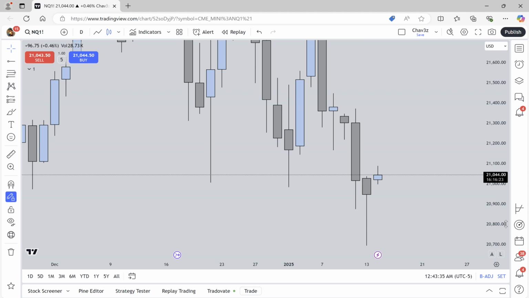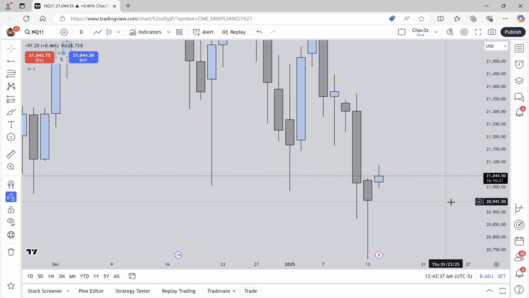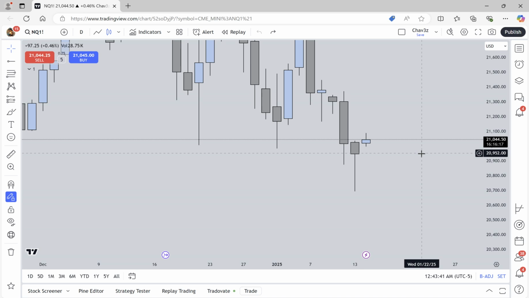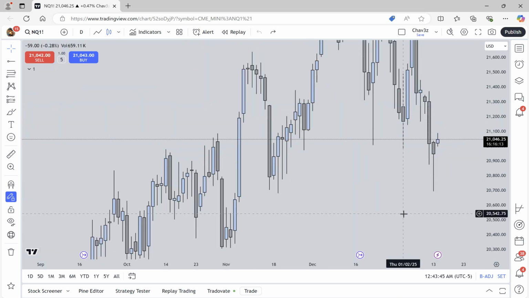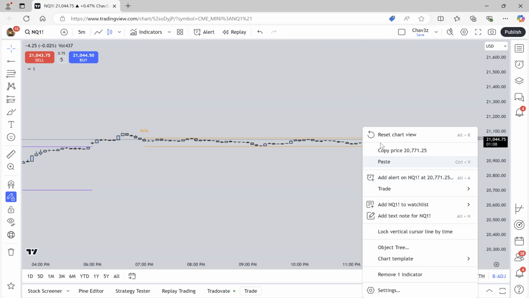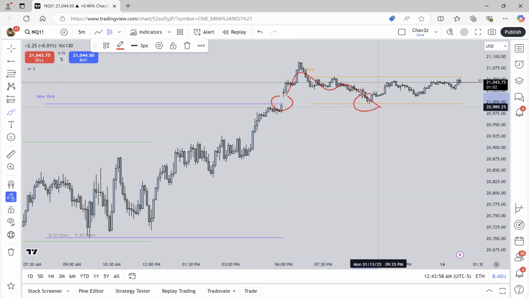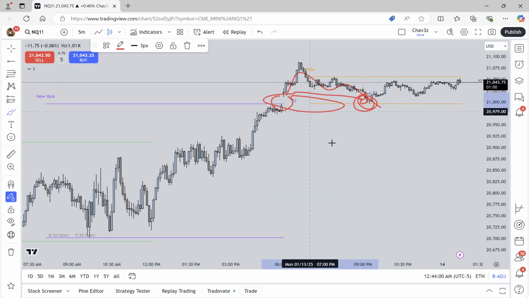Because remember when we opened on the lower time frames, we created that island. Let me go back. Oh, I guess not going back anymore. Nope, I've got to redraw everything. It's all right though. When we go back to the 5 minute, we created the island here. And yes, on the 5 minute, we have the bodies closing underneath it, or closing inside of it.